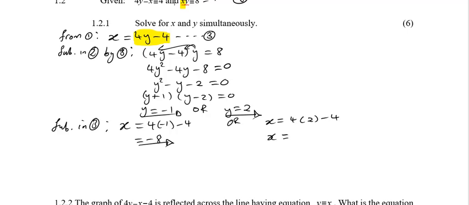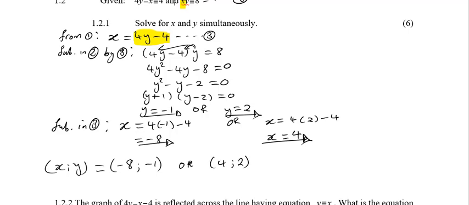Or for y equals 2, x equals 4 times 2 minus 4, which is 8 minus 4, or 4. Then your solution set, with x and y as coordinates: x equals negative 8 and y equals negative 1, or x equals 4 and y equals 2.